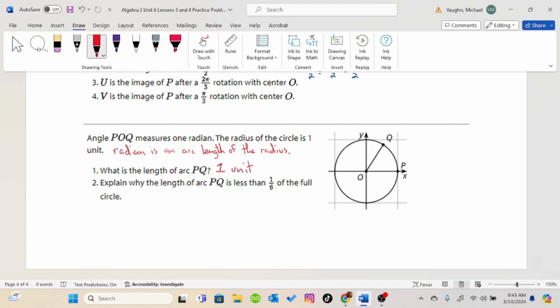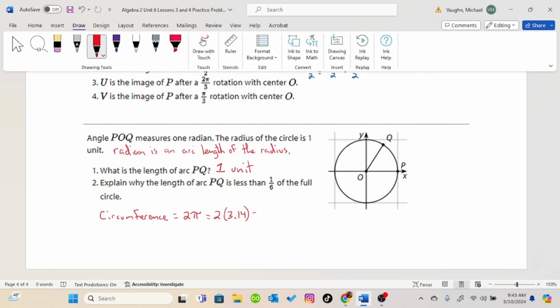Explain why the length of arc PQ is less than 1/6 of the full circle. Well, circumference is 2 pi. And while pi is a never-ending decimal, we can estimate it to be 3.14.